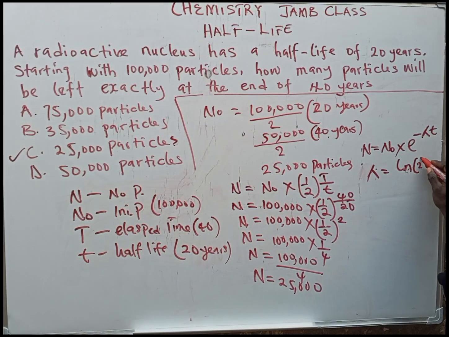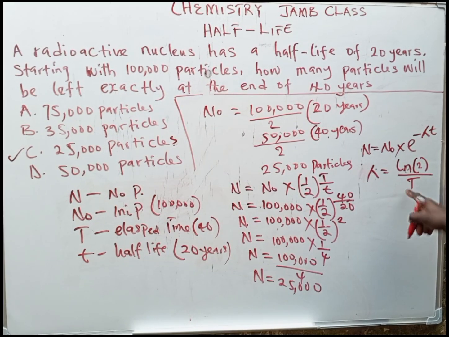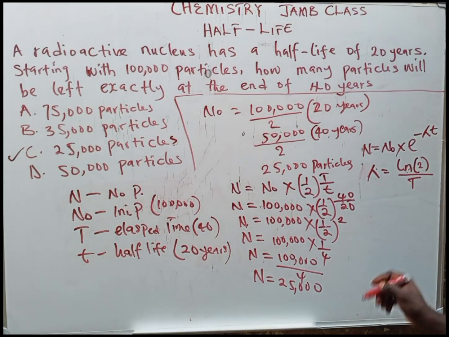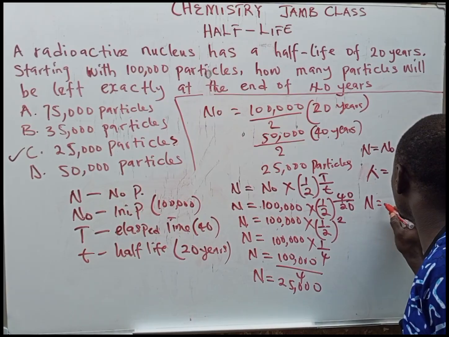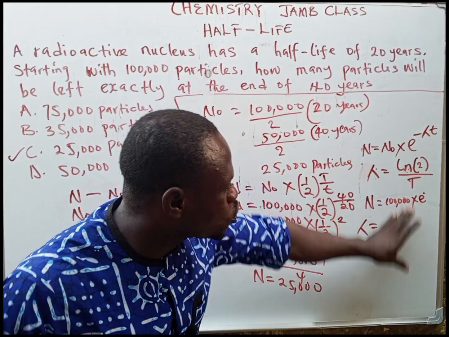If you substitute into the formula, you have N equals 100,000 times e to the power of minus the decay constant times 40. Just work it out with a calculator.